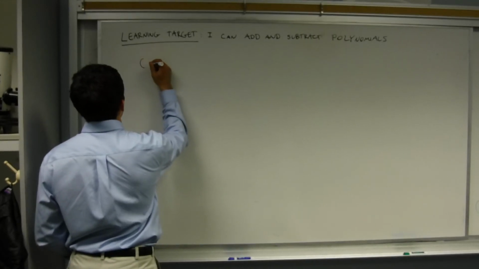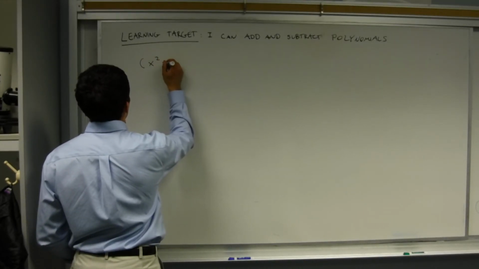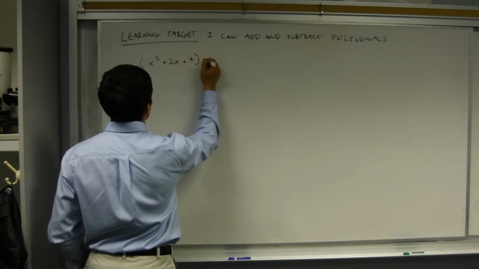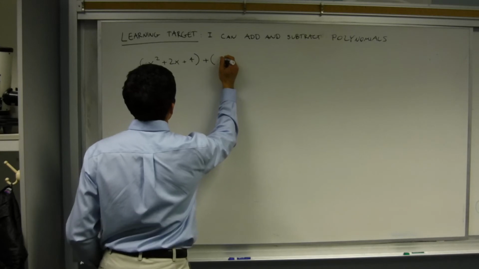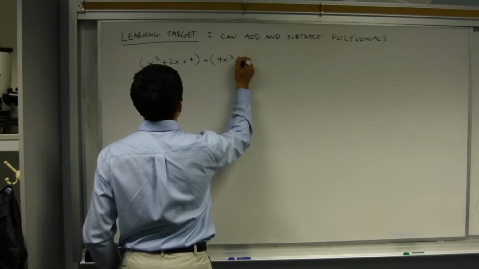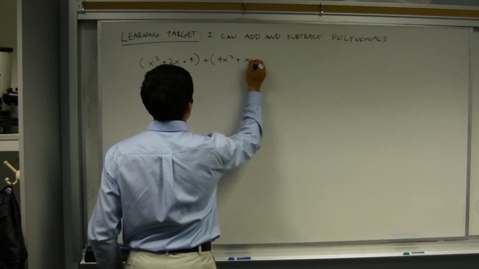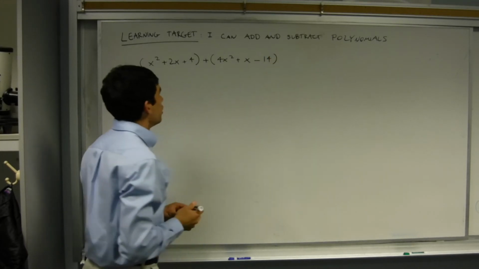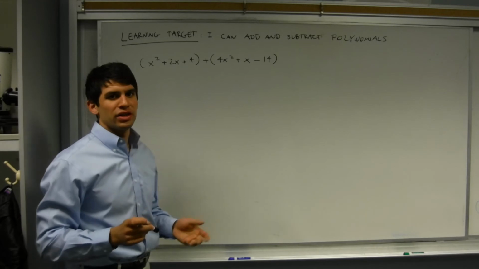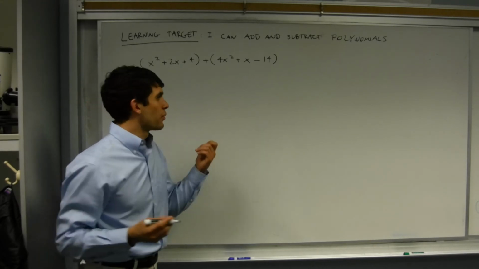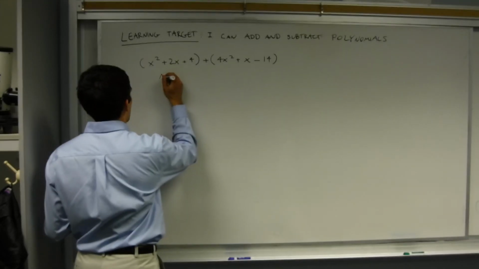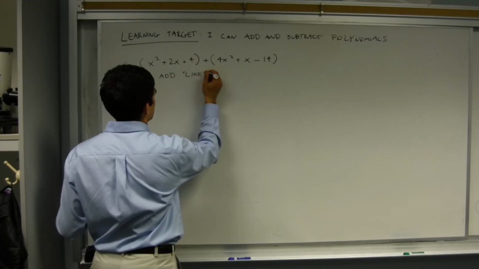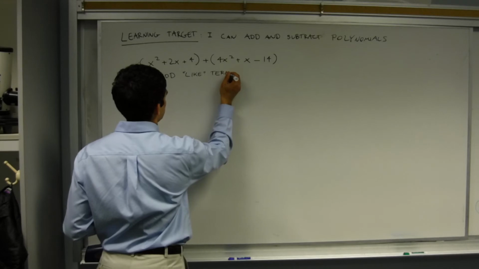Suppose we have x squared plus 2x plus 4 plus 4x squared plus x minus 14. The way that we add polynomials is that we pretty much just add what we call like terms.